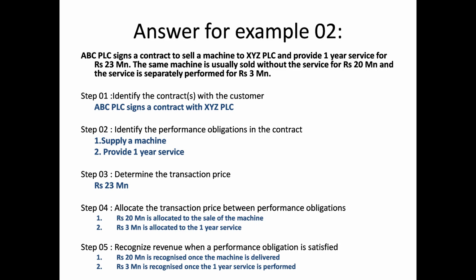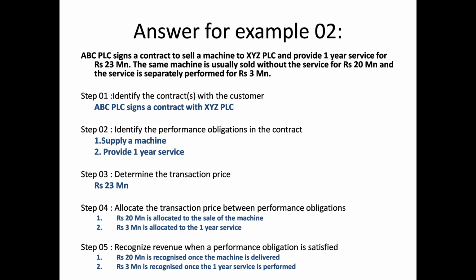Now we are going to write 5 steps. Step 1. Identify the contract with the customer. Who are the parties involved? That's ABC PLC and XYZ PLC. Therefore, you are going to write step 1 as ABC PLC signs a contract with XYZ PLC.